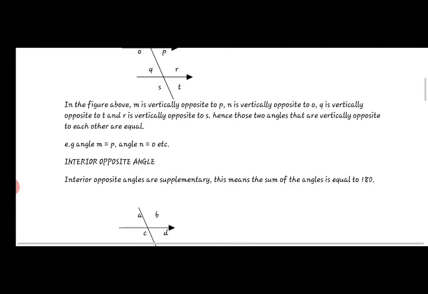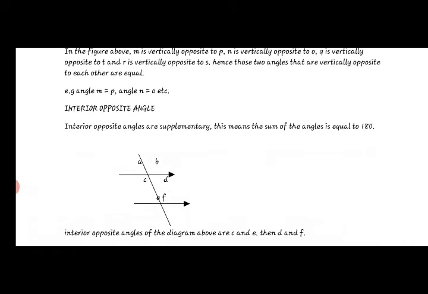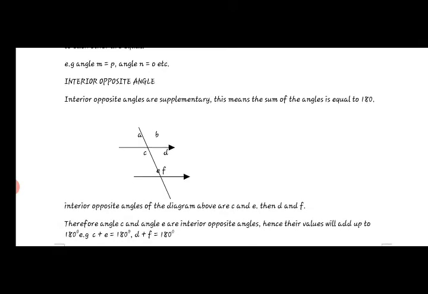Interior opposite angles are supplementary. This means the sum of the angles is equal to 180 degrees. Which angles are supplementary? Angle C and angle E, they are interior opposite. Angle D and angle F, they are interior opposite.